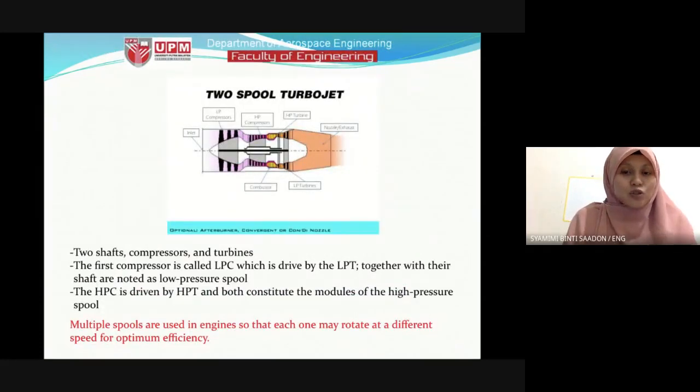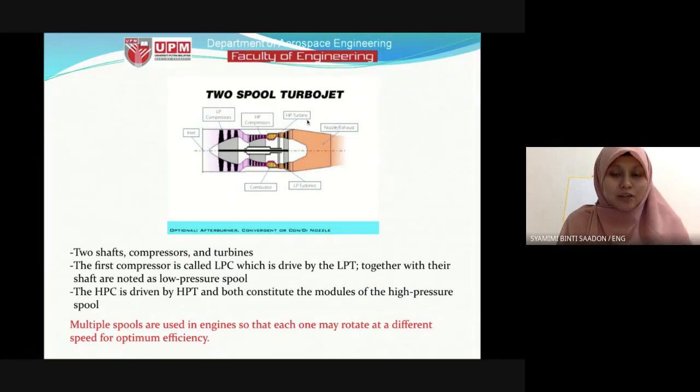Okay, next, two spool. Two spool turbojet engine here. So what is the difference between two spool and single spool turbojet engine? Here you can see we have more components. The extra components here are the LP compressor, HP compressor, HP turbine, and LP turbine. So what does it mean? LP means low pressure, so low pressure compressor, and HP is the high pressure compressor.